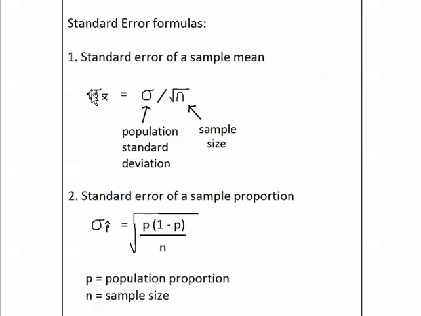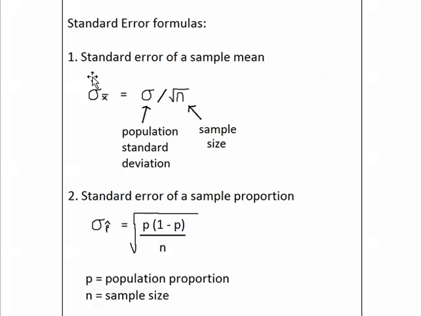A standard error tells you how much sampling error is expected to occur. If the standard error is low, then not very much sampling error is expected. An accurate outcome is expected. If the standard error is large, then a large amount of error is expected. The sample is expected to be not very accurate.